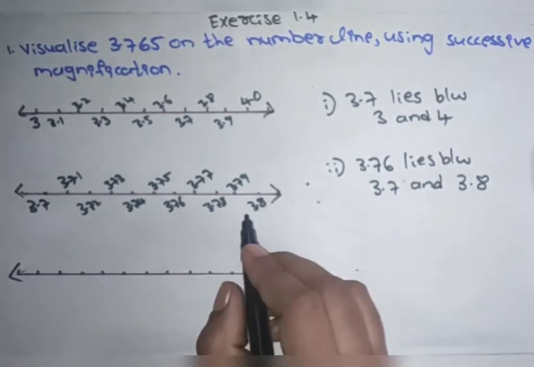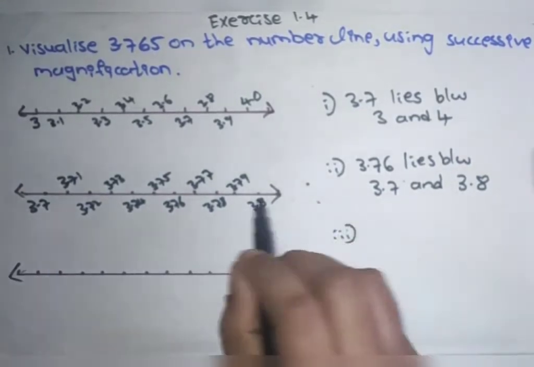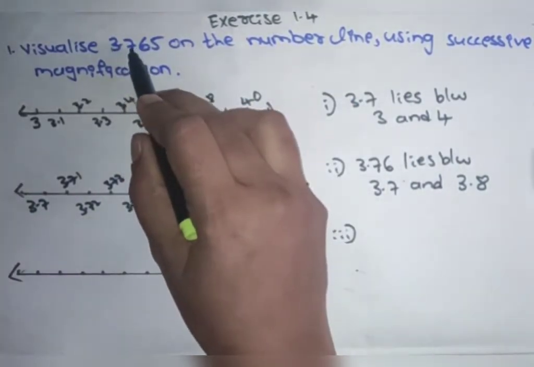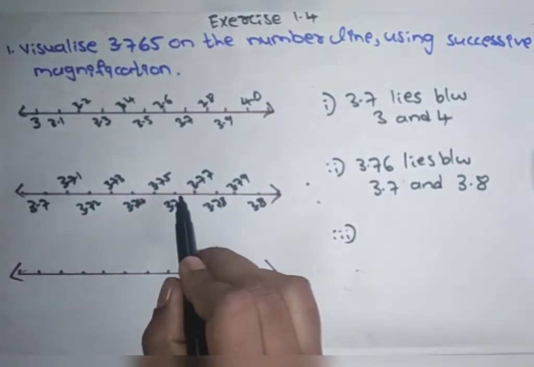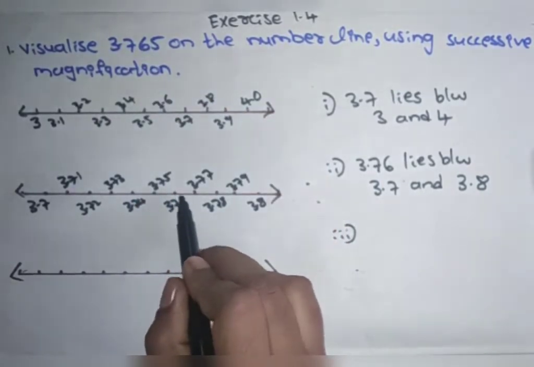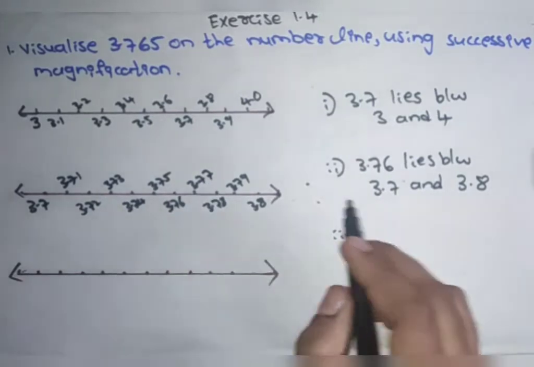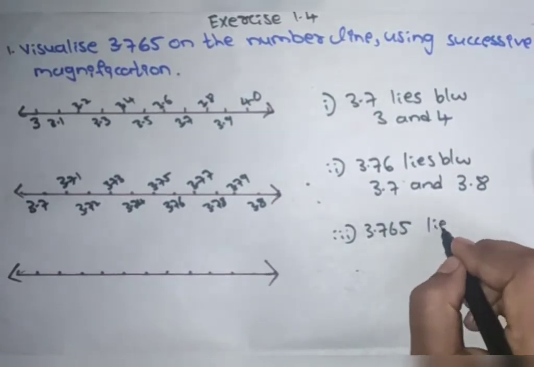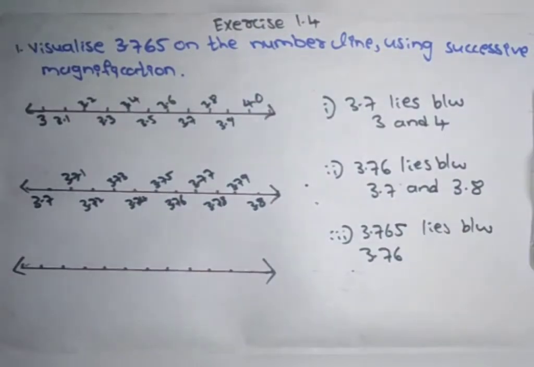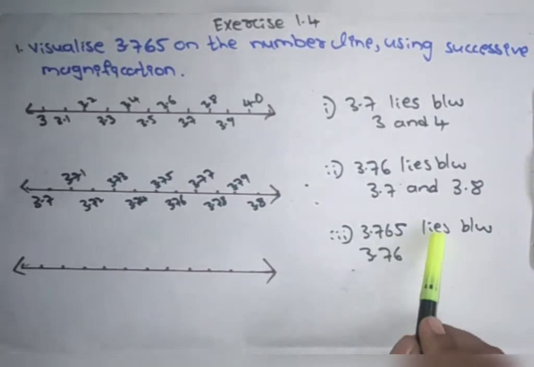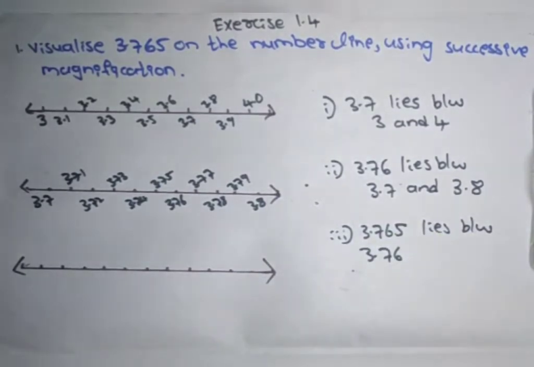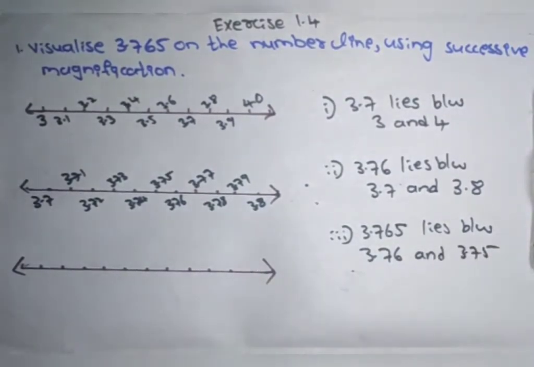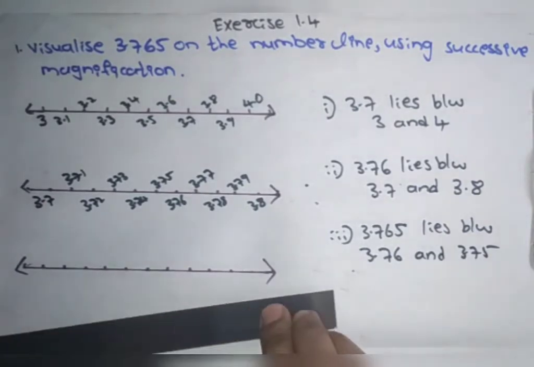Now next, third step. Now we are getting 3.76. Now we want 3.765. See, 3.765 lies between 3.76 and 3.77. So before that you should join this.